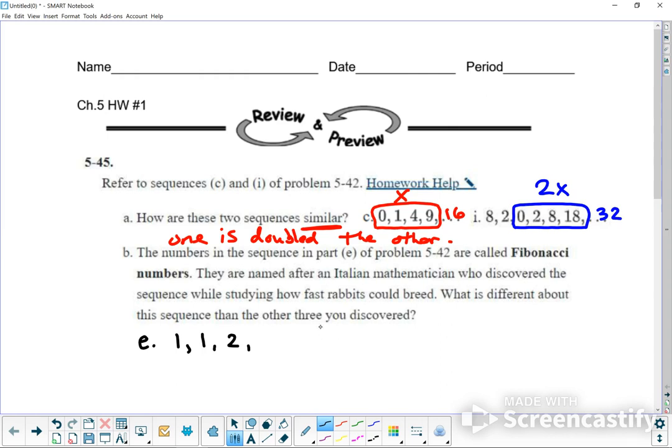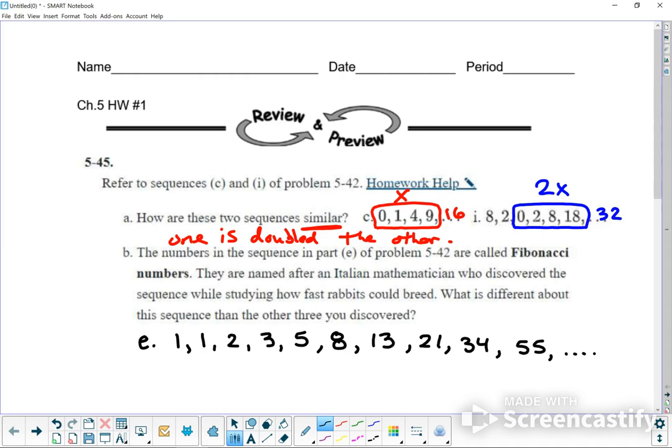So you're thinking, oh, I might have a pattern. 3, 5, 8, 13, 21, 34, 55. Okay, and it keeps going. That's a Fibonacci sequence.